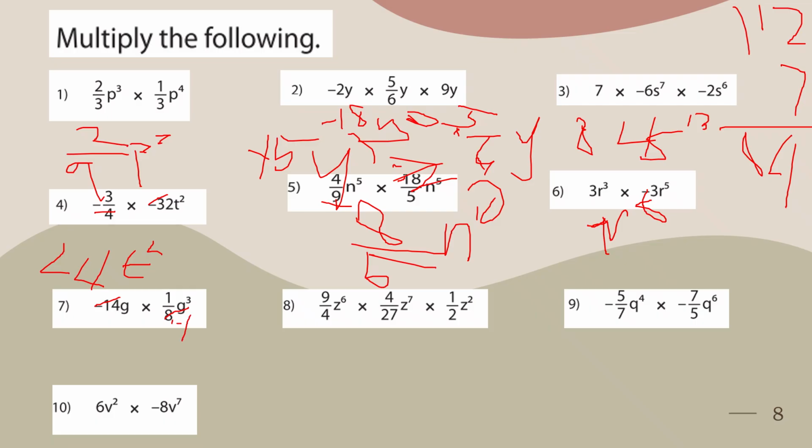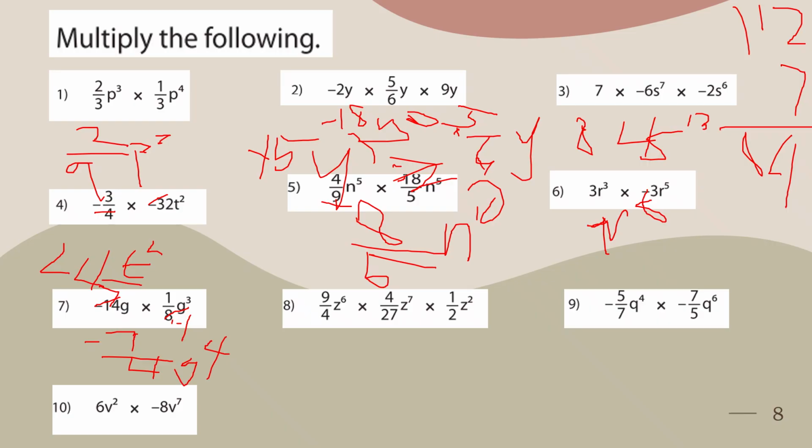Then we have negative 7 here. So that would be negative 7 over 4 g to the fourth power.